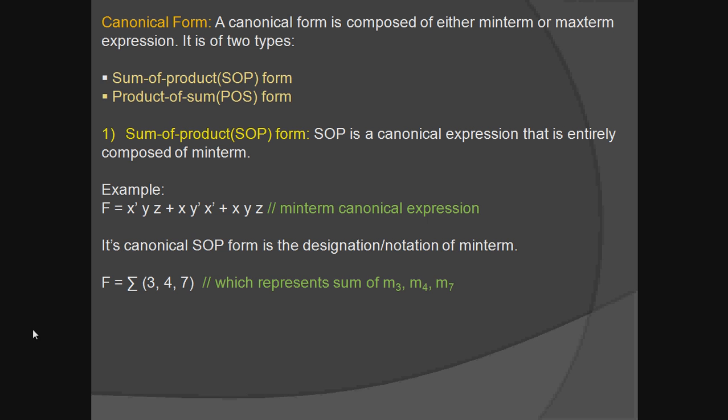We also use it in Boolean algebra. Here x, y, z are your input variables, which store the values. The function f will process all these input values stored in the variables x, y, z. So here f equals, so this is a min term canonical expression.